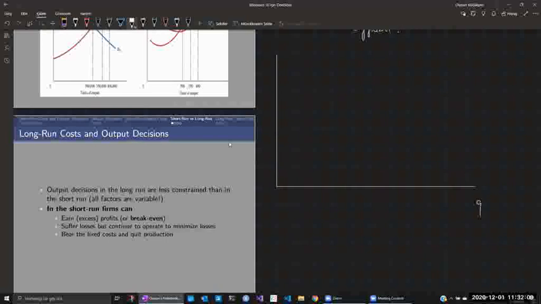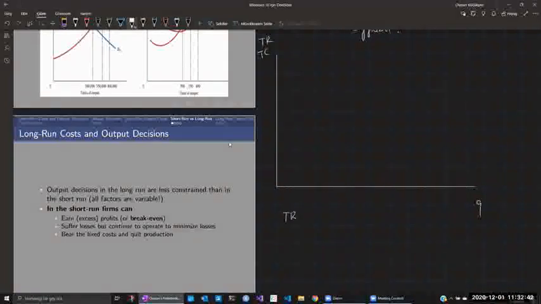We have seen the total cost, but we have not seen the total revenue. So how can I draw the total revenue graph? Is it increasing? Is it decreasing? Is it linear? Is it non-linear? What do you think?